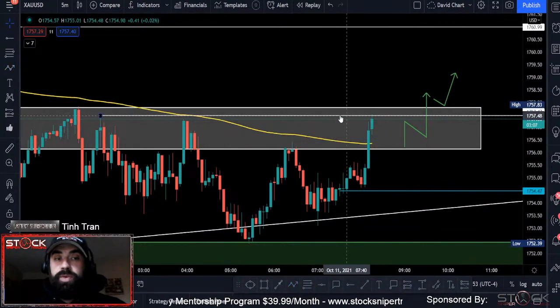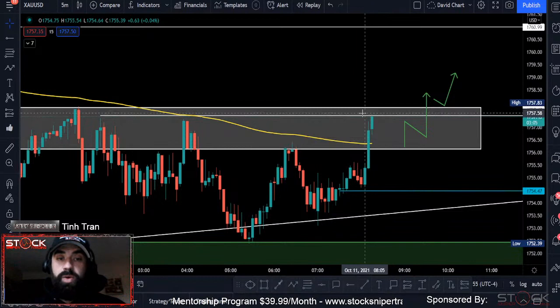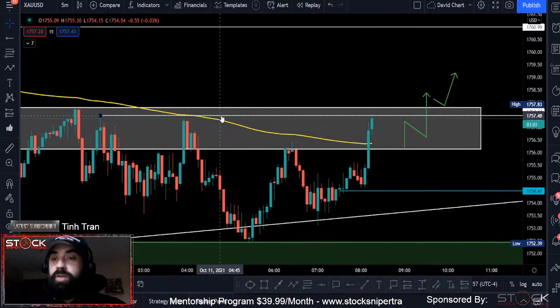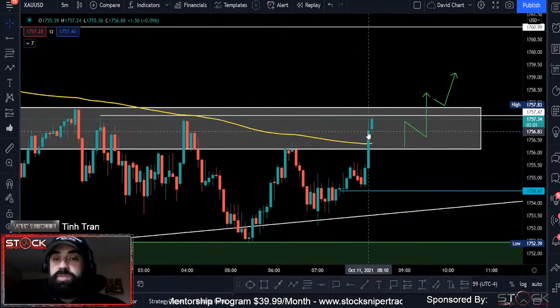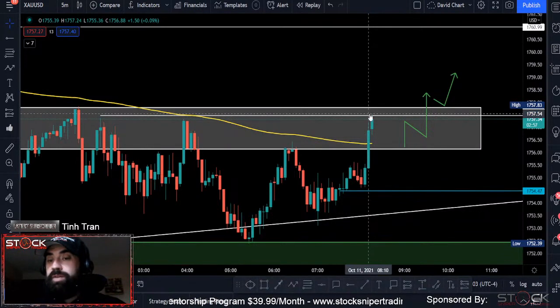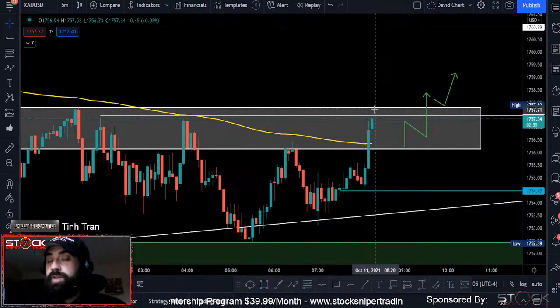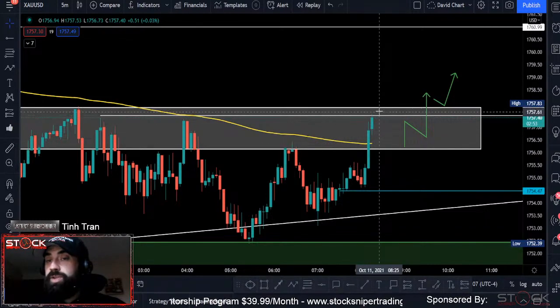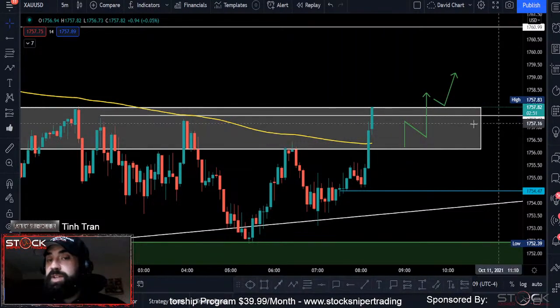All right, so it now needs to show that it's going to hold support right above roughly 1757. Okay, it's making a nice attempt push to really get there, but will it have enough volume, enough push, enough liquidity to be able to continue and get to your highs, like it is right now?